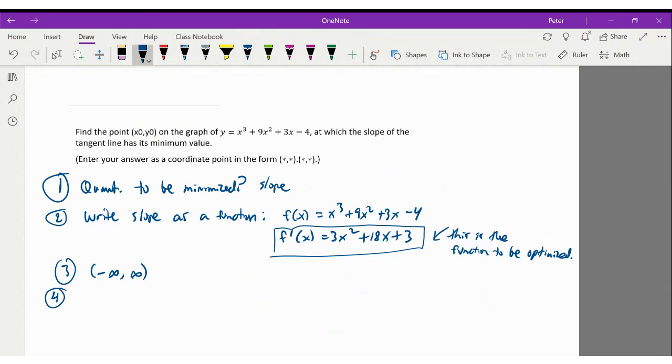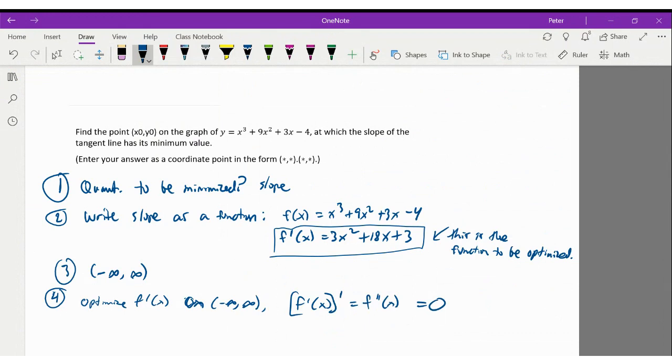This is the thing that has to be optimized. So if I optimize f prime of x on negative infinity to infinity, what I need to do is find f prime of x prime, which equals f double prime of x, and I set that to 0. And then I go from there.